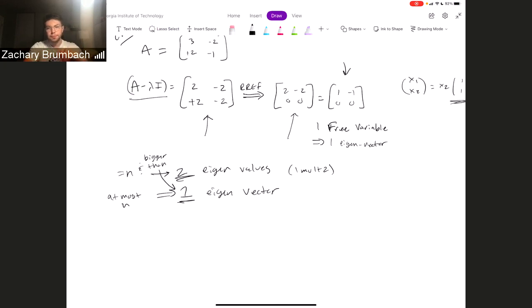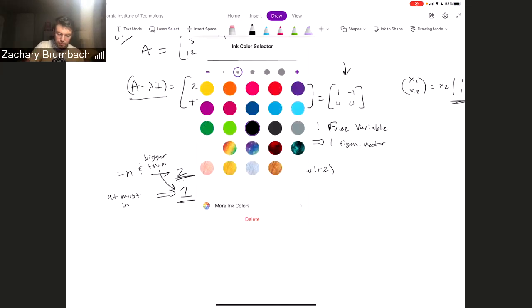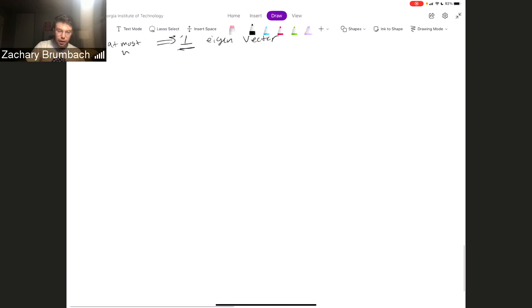Okay. All right, 9b. So in this case, it's a true or false question. So we have A is a 3 by 3, U equals 1, 1, 0, V equals 3, negative 1, 1. Eigenvectors corresponding to lambda equals 2.